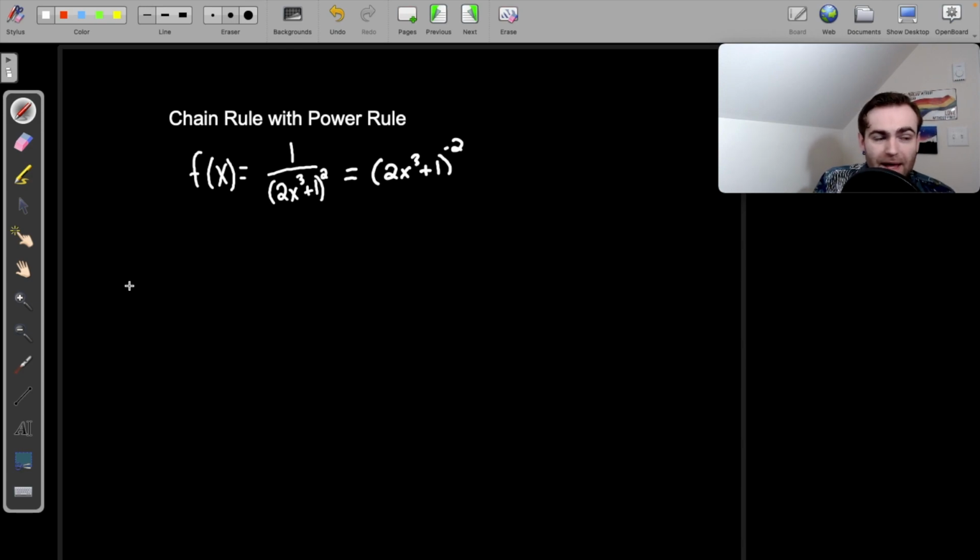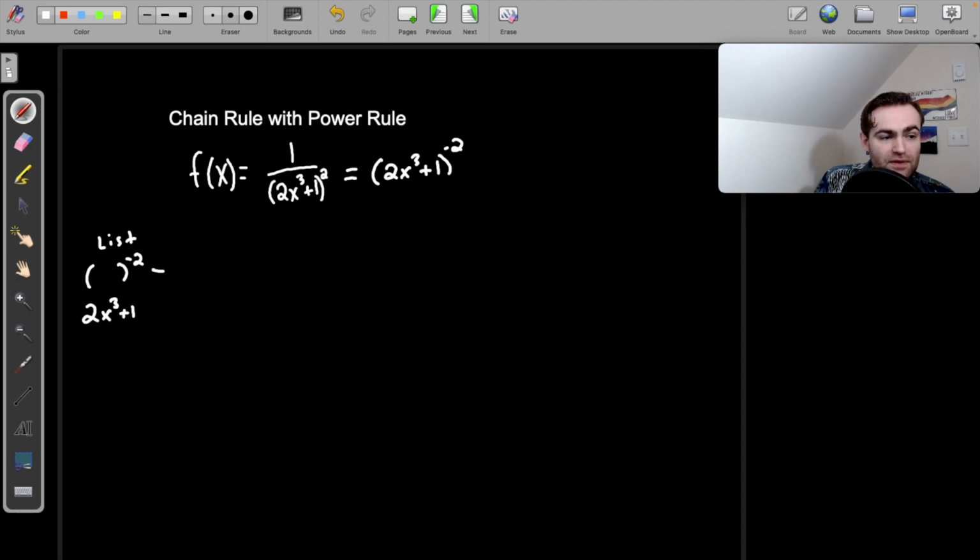It might help to list out what you see. I like making a list. It helps me sometimes. So the list of functions from outside to inside: the outermost function is something raised to this negative 2 power, and inside that you have 2x cubed plus 1.